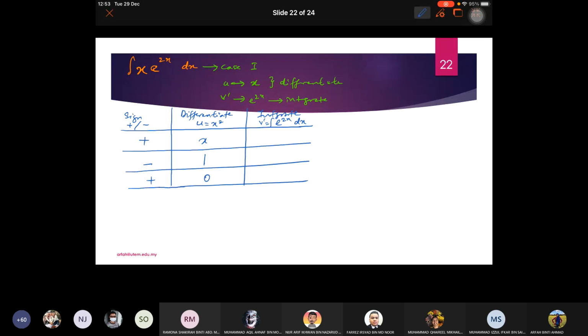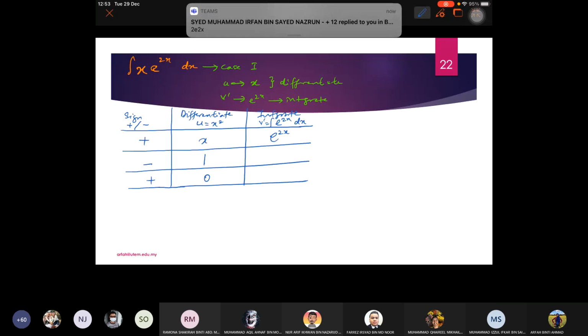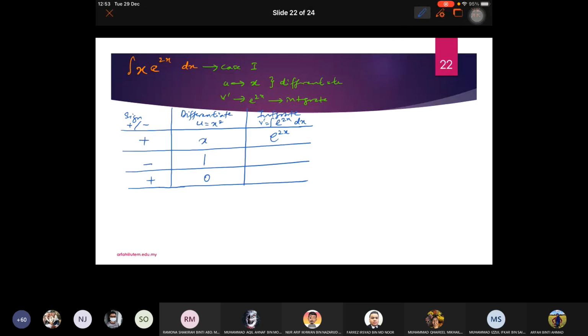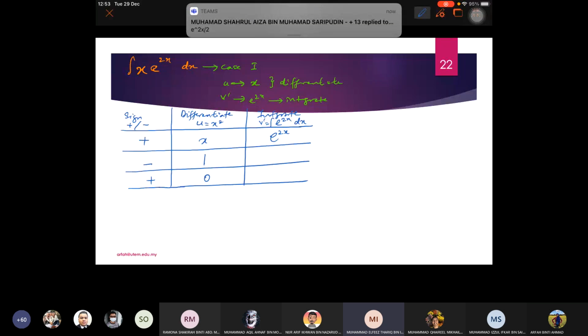And then you are going to integrate exponential of 2x. Okay. Exponential 2x. Integrate exponential 2x dapat apa? Tak dengar. Apa? 1/2. Okay. 1/2 exponential 2x.